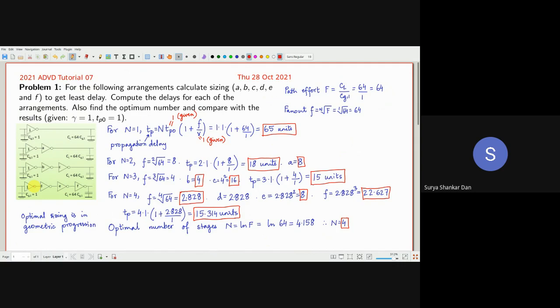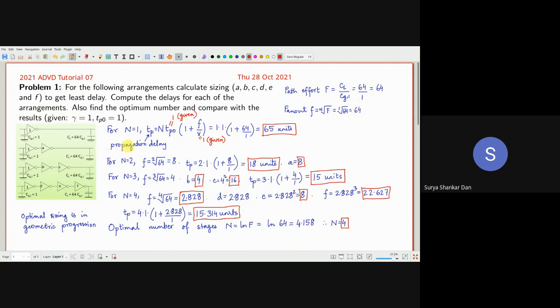Essentially, the fan out will be the nth root of the total path effort, where n is the number of stages. So what is the value of n for the first case? n is equal to 1, so 1 upon this path effort 64 gives you 64 only.